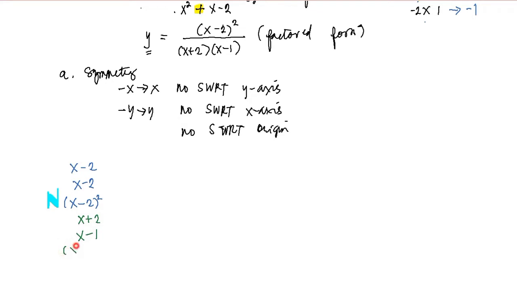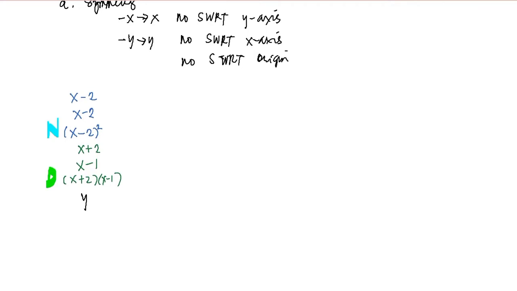And the product of x plus 2 and x minus 1 is our denominator. And for the y, it is just simply the numerator divided by the denominator. So, lagyan muna natin siya ng line.